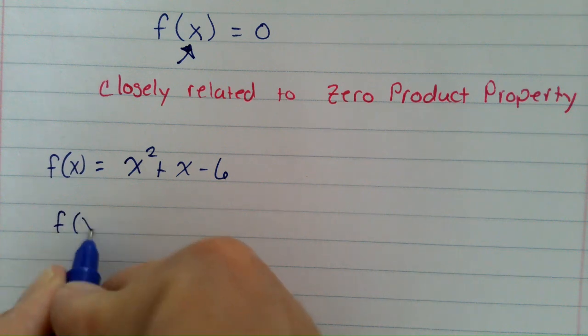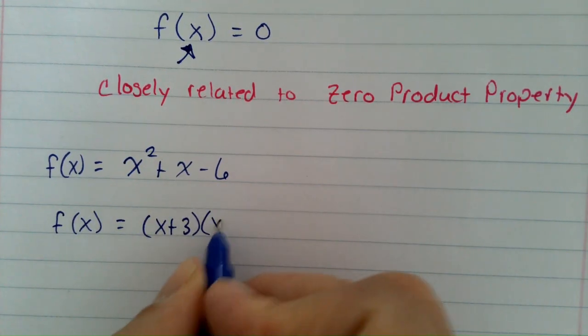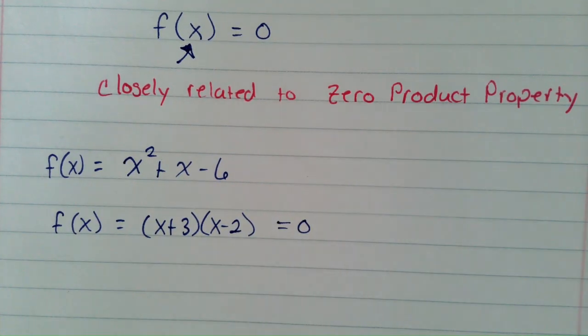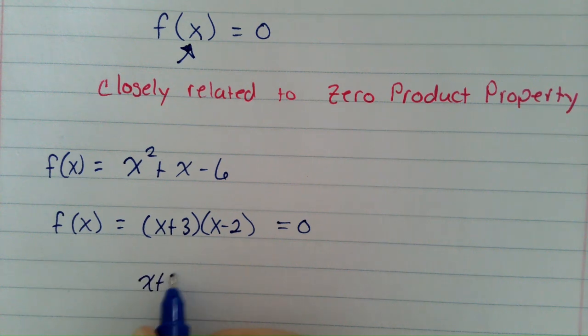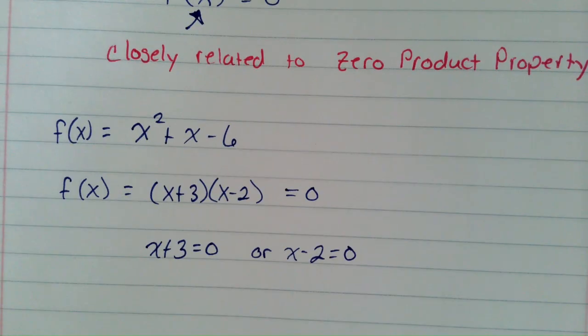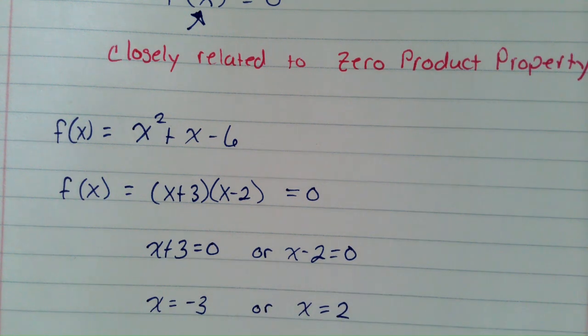Well, if I rewrite this as the quantity x plus 3 times the quantity x minus 2, I'm trying to find out where it equals 0. So the zero product property says x plus 3 equals 0 or x minus 2 equals 0. Solving by factoring, if you want to watch that previous video on how to solve by factoring. And so we'll find out negative 3 or positive 2.